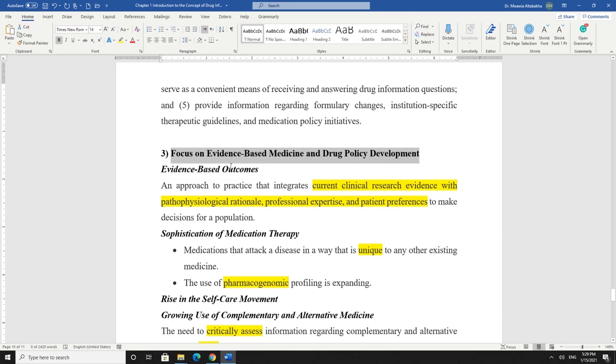Evidence based outcomes, as I told you, means that when you want to use a medication, this use must be supported with evidence from current research that shows this drug is effective and can produce the required results. Also, don't forget that in addition to the current clinical research, professional expertise and patient preference can also count.